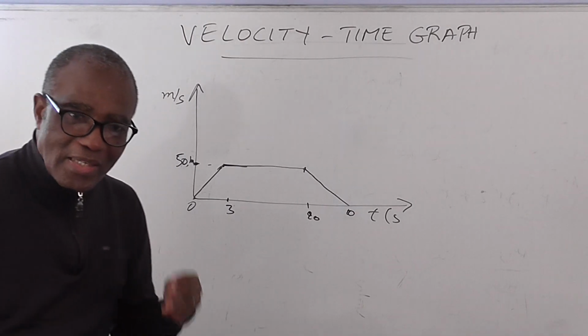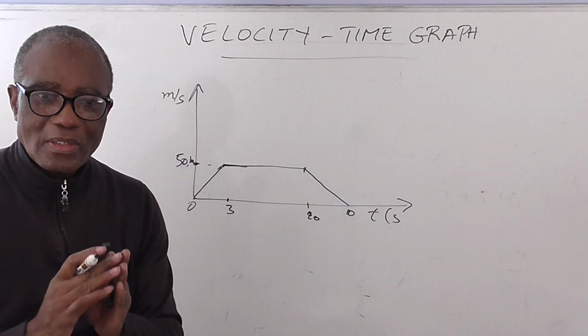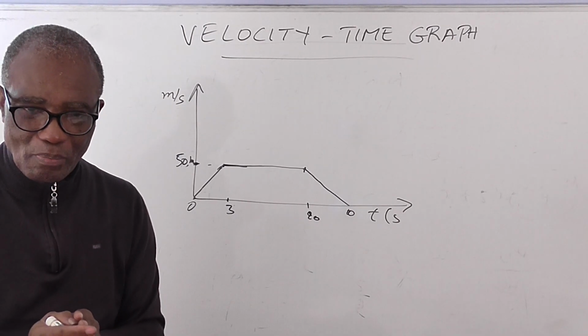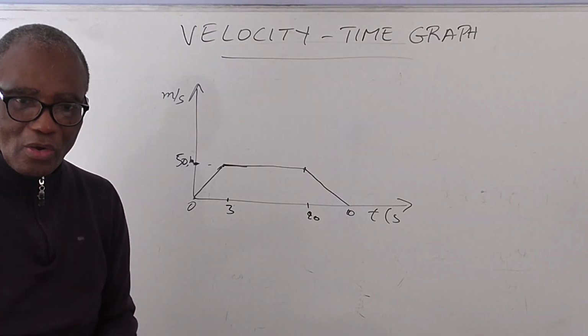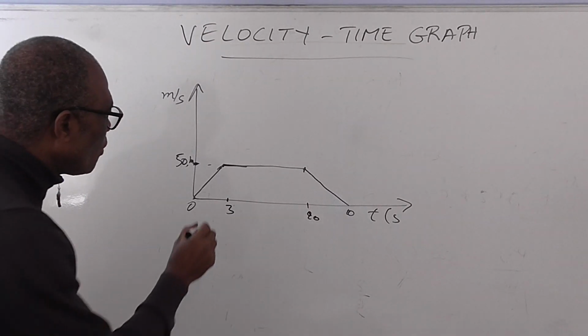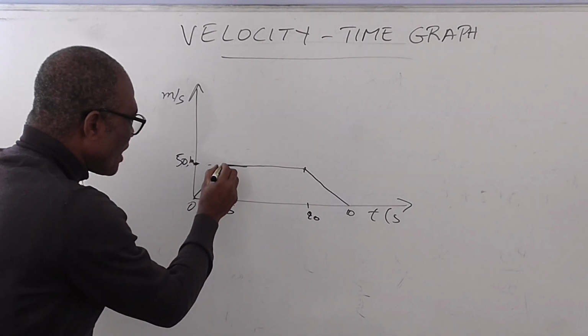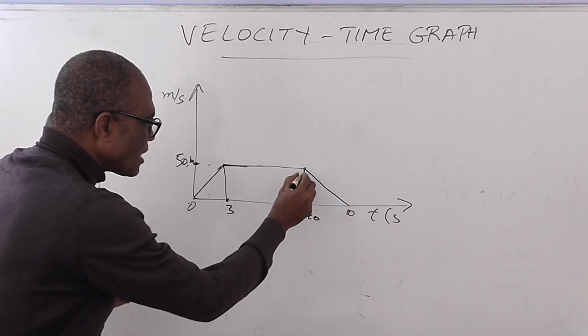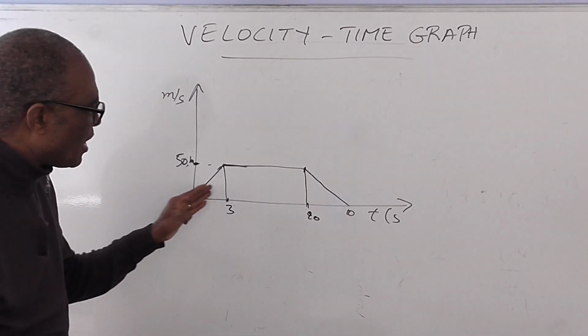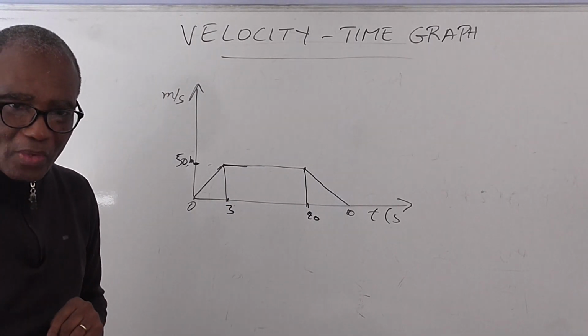Now, if we are asked to get the distance traveled in this time, we use the shape of what we have here. This is like mathematics. We can divide it.